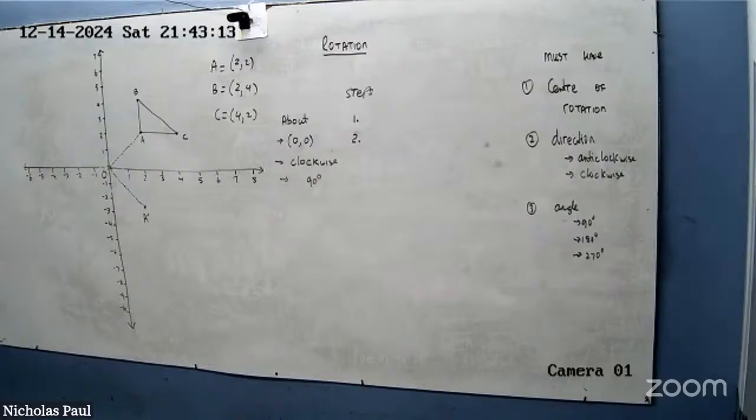Please don't draw a solid line; draw a broken line. Solid lines are only for the actual figure. Broken lines are just for direction.